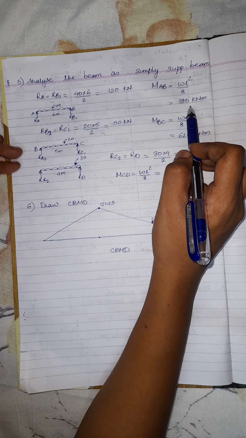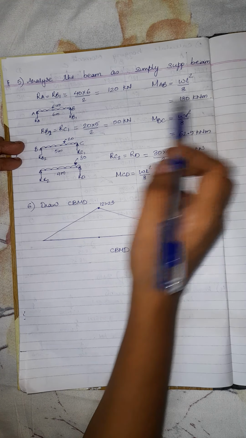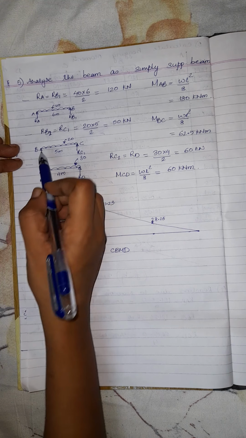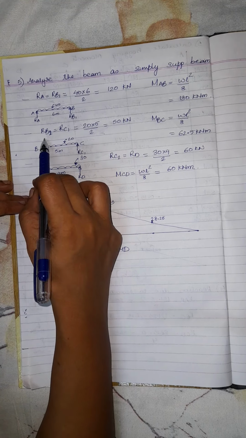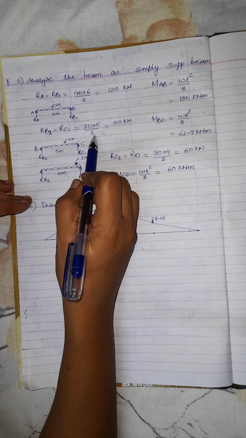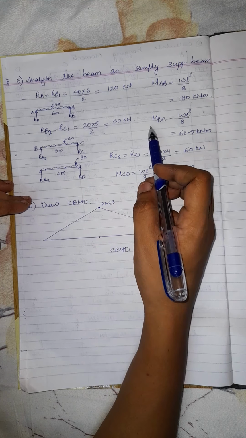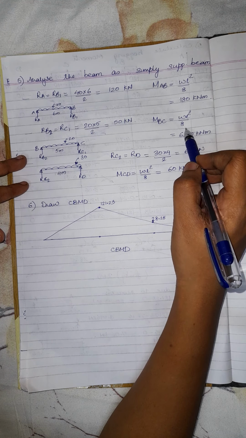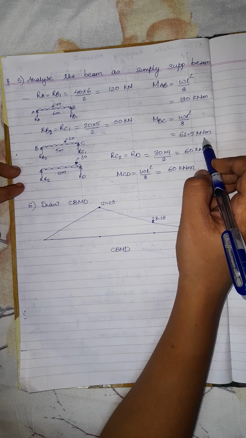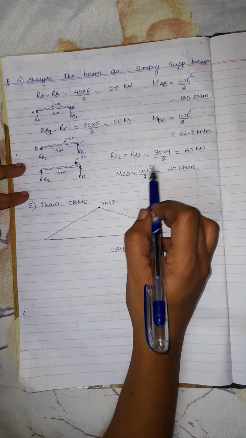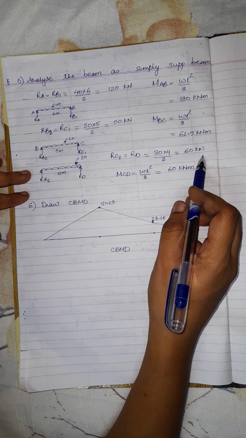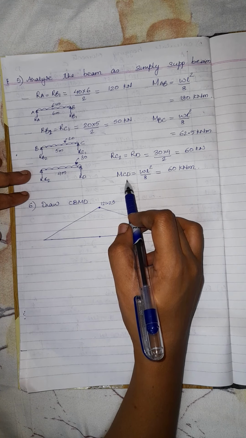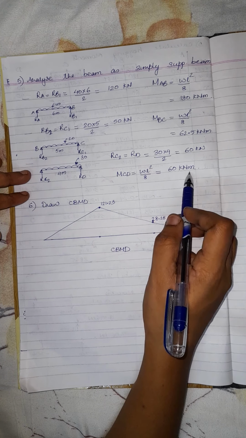So it's 180 kilonewton meter. Similarly, I have also calculated reactions for BC beam. RB2 and RC1, 20 into 5, total load divided by 2, 50% each support shares, and the moment WL square by 8, sagging positive moment 62.5 kilonewton meter I have got, and likewise I have got 60 kilonewton at RC2 and RD each, and moment, hogging moment is 60 kilonewton meter.